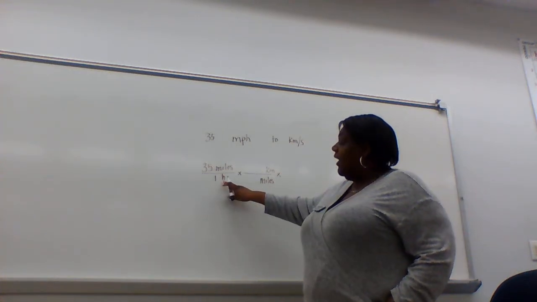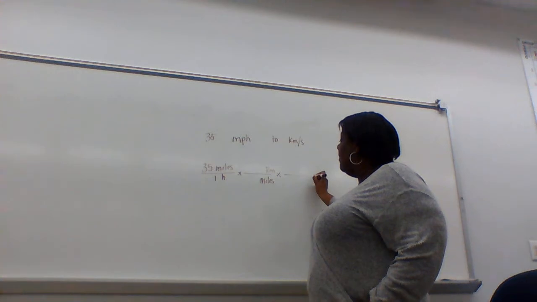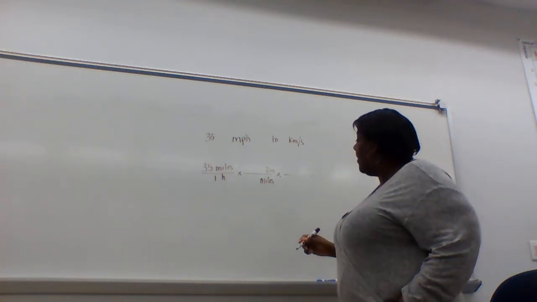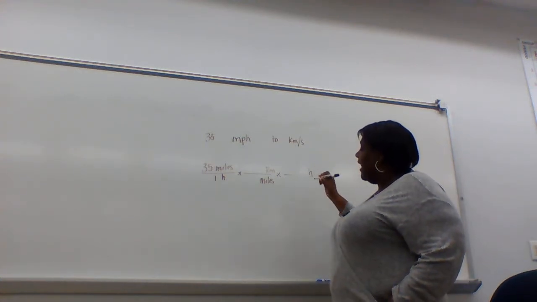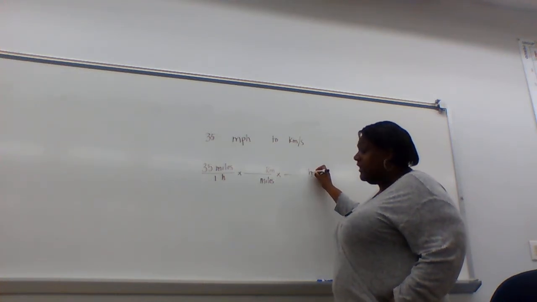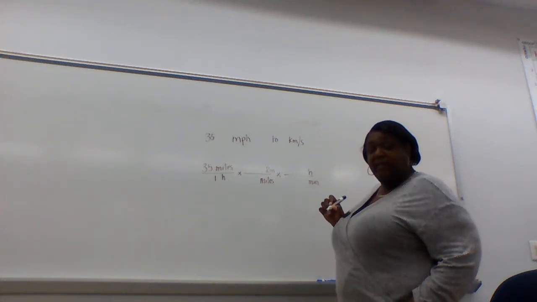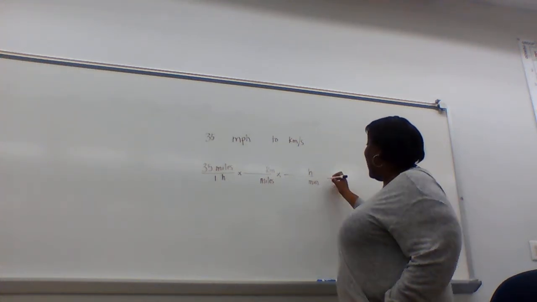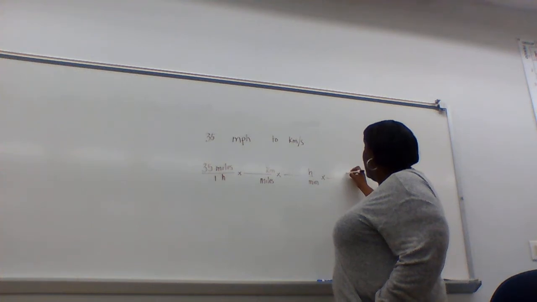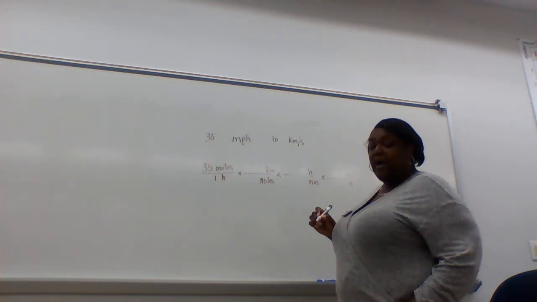But then we also had the issue of going from hours to seconds. Now, because the hours is located on the bottom, to get that unit to cancel out, I need to place it on the top. And I know a conversion that takes me from hours to minutes, but minutes isn't what I need to stop at. I've got to keep going. And so I need minutes on the top, and I need seconds on the bottom.